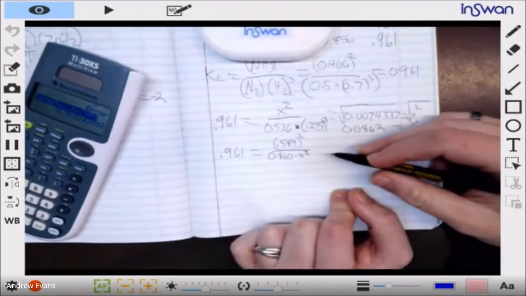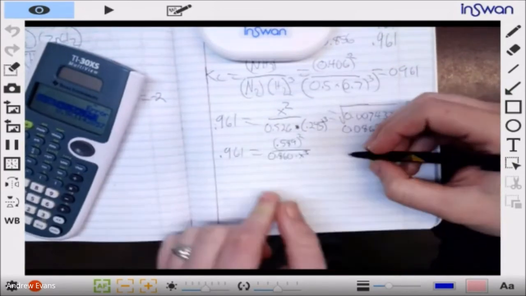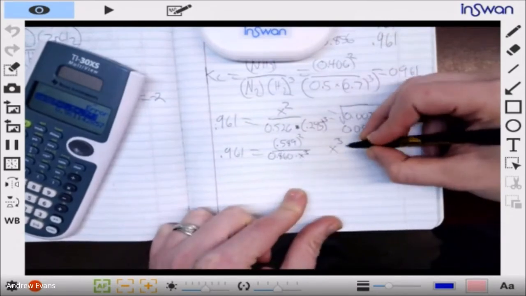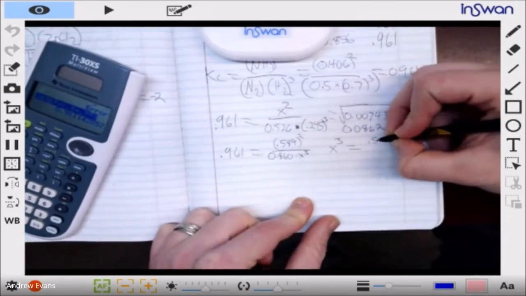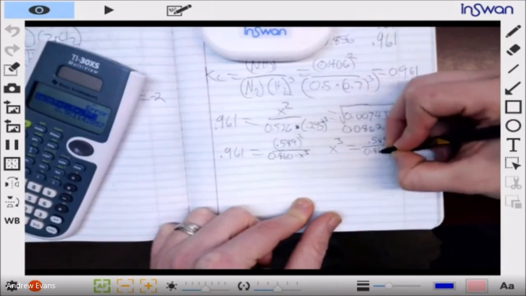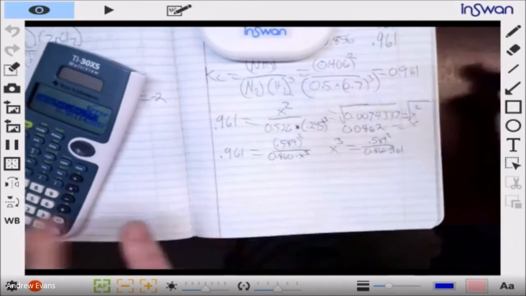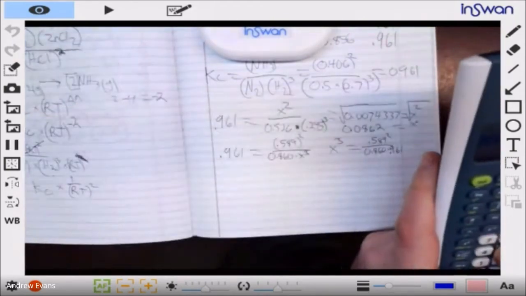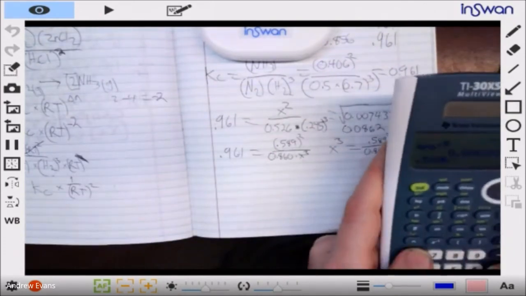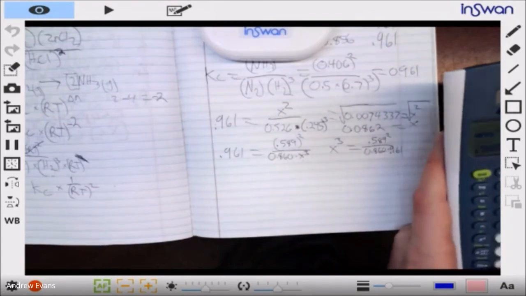To get x by itself, we can move the x over there and the 0.961 over here. Rearranging the equation, x cubed equals 0.589 squared divided by 0.860 divided by 0.961.